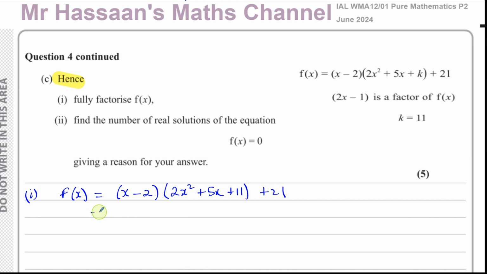So let me expand this and write that as one expanded expression. So x times 2x squared, 2x cubed. Then x times 5x, that's 10x. Then x times 11, that's 11x. Then minus 2 times 4x, negative 4x squared. Negative 2 times 10x, that's negative 10x. Sorry, that's plus 5x here. There's a mistake I made there, isn't it?